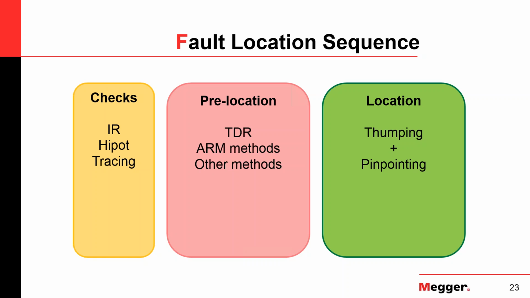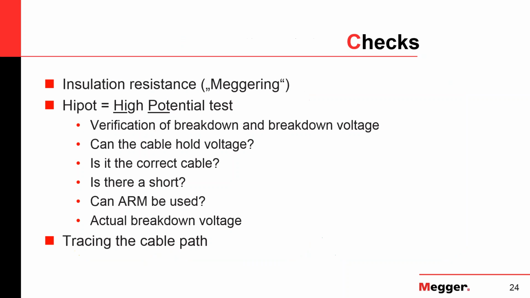So then the actual location, the pinpointing, takes place, and you use what a lot of people are familiar with out there. You have a thumper, and they use some sort of pinpointing device together with the thumper to actually pinpoint the fault.